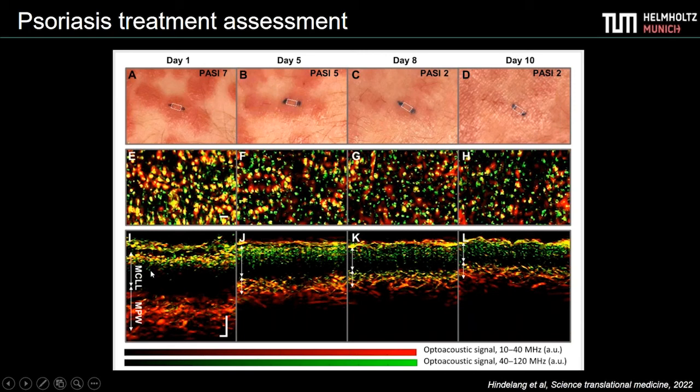For example, at PASI 7, the first day of the treatment, we see this very thick epidermis. This is the thickness. And then with the treatment, we see this feature change. The epidermis narrows, and we also see changes in the features of the dermal vasculature. So by monitoring those features, for example the epidermis thickness changes, we can quantify the treatment of psoriasis. If you are interested in this study, you can go to this publication.